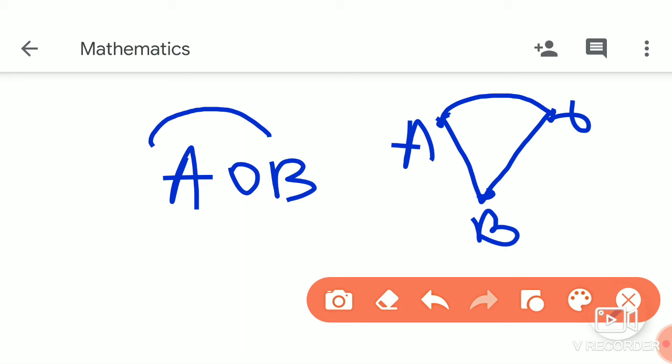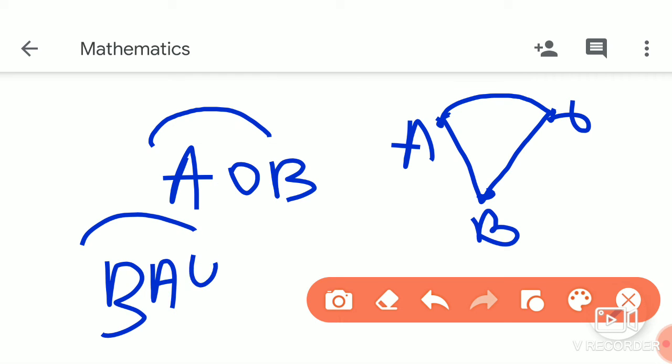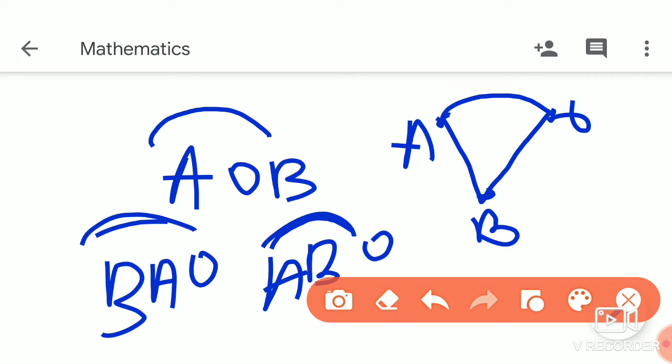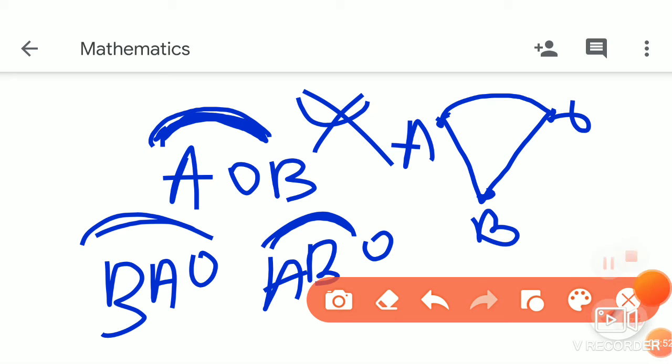We can also write A, O, B, or A, B, O, or B, A, O. This symbol is used to indicate an arc, and it is always on the top. If you put it at the bottom, it will be wrong. An arc is always indicated with 3 points.